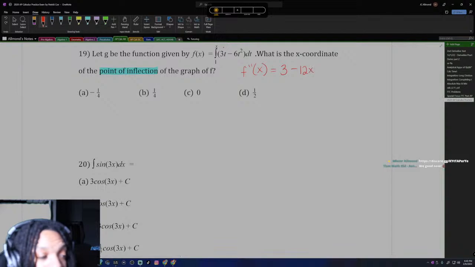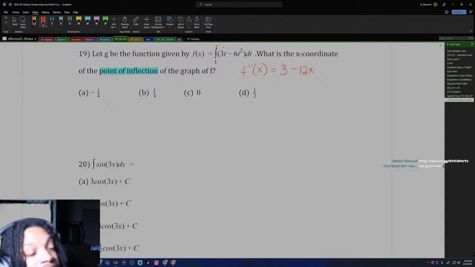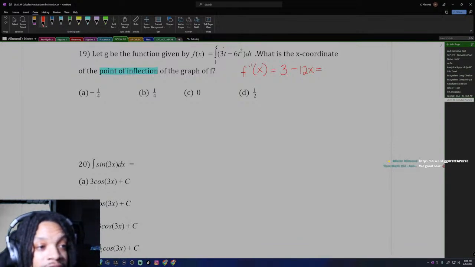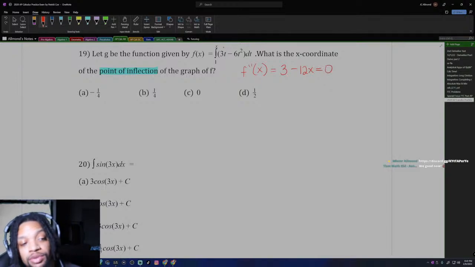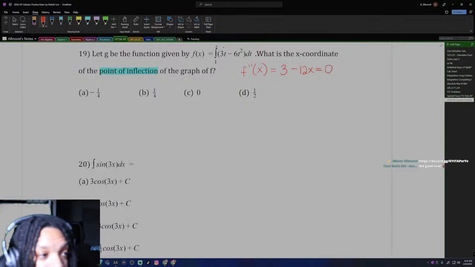Okay, so we're just finding points of inflection from that. Points of inflection happen when the second derivative changes sign, so either from negative to positive or positive to negative. If either of those happen, then the second derivative at some point has to equal 0. So we're going to figure out at what point that is. I'm going to add 12x to both sides. Or I could factor out a 3. It really doesn't matter.